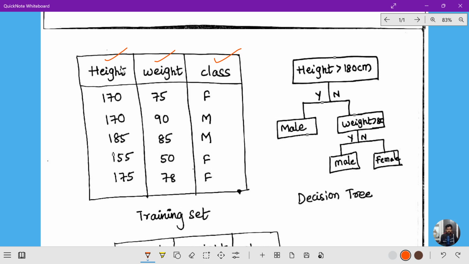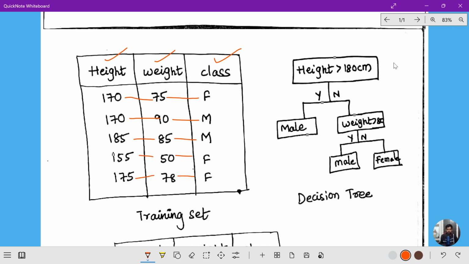I have given heights and weights, and the class is male or female. If the height is 170 and weight is 75, let us assume the person is female. When the height is 170 centimeters and weight is 90 kgs, I am going to say the person is male. Similarly, all the details are there in the form of a table.